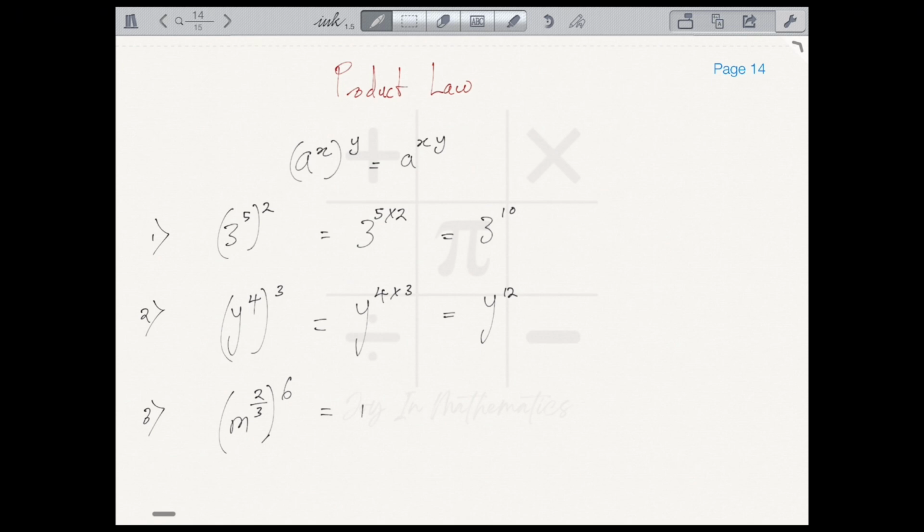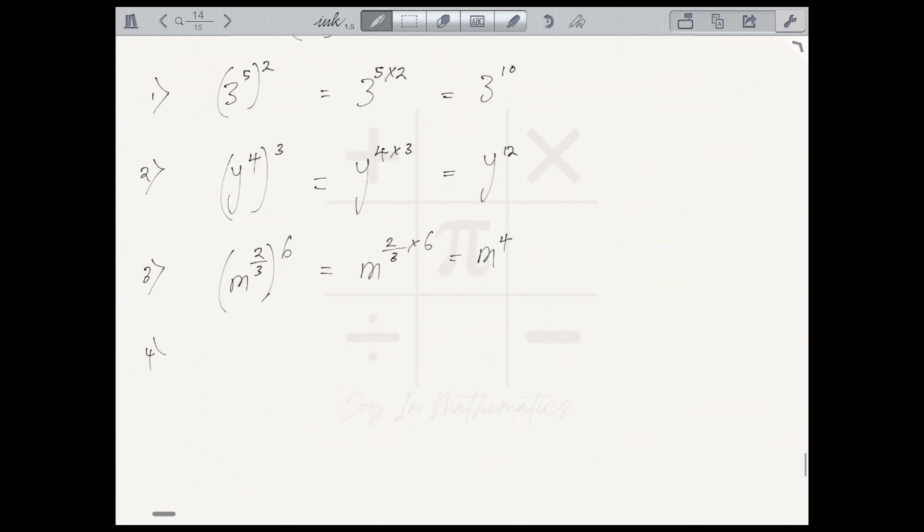The base remains the same, but the powers are being multiplied. So 2 over 3 multiplied by 6 will give us m raised to the power of 4.